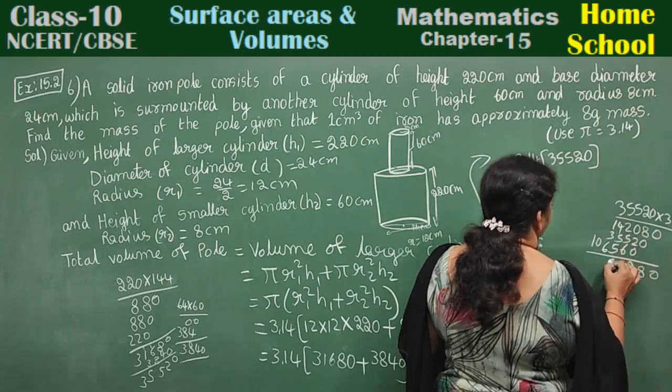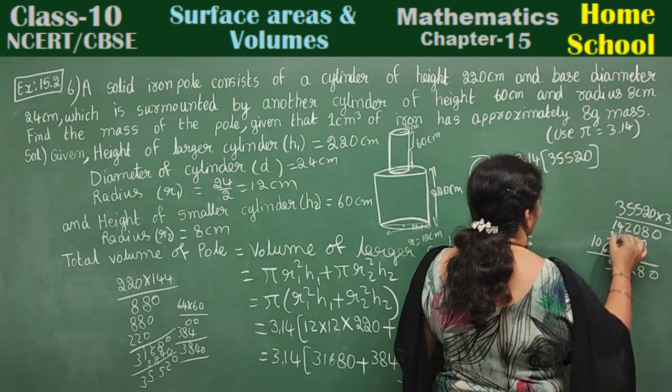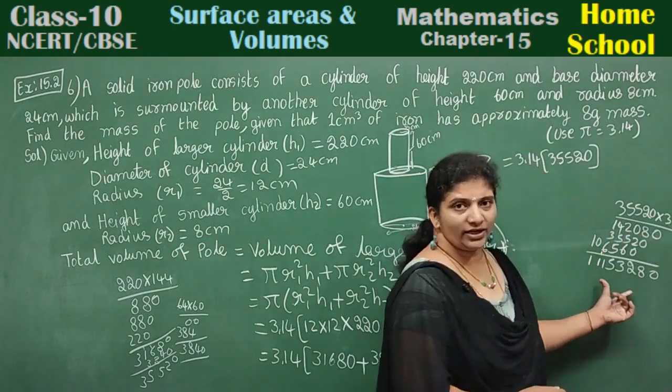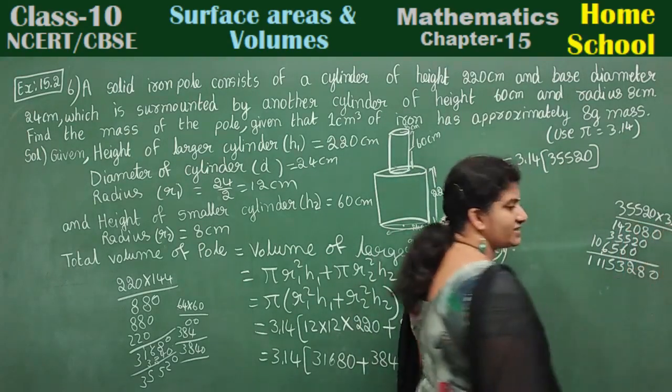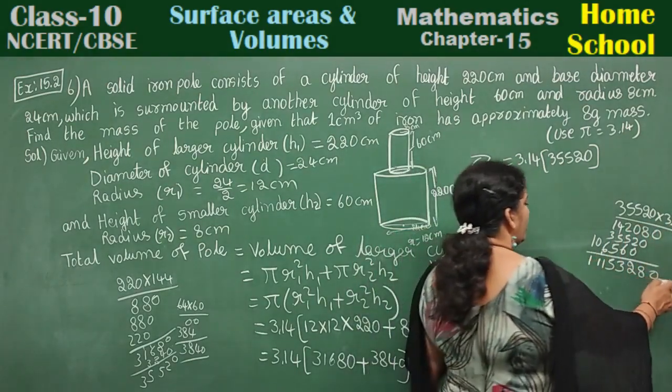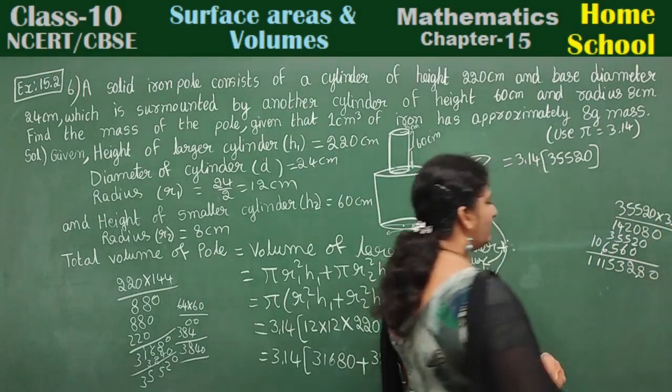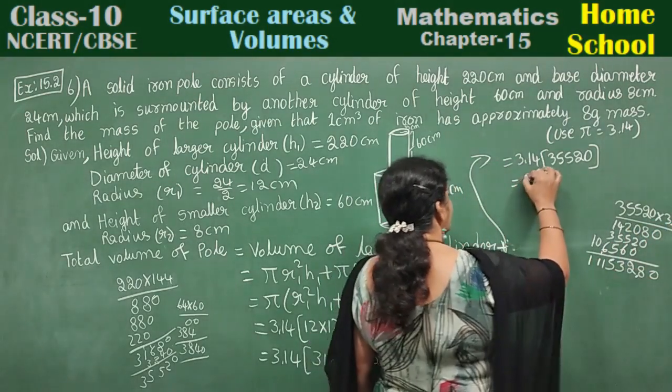If you multiply, you are going to get this answer. But here, 3.14 has a decimal, so put the decimal point after 2 digits here. That will be your final answer.